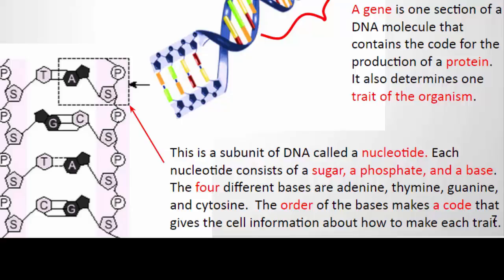There are only 4 different bases, and these are the most important part of the nucleotides. The 4 bases are called adenine, thymine, guanine, and cytosine. It's actually the order of these bases and the way that they are found in the DNA molecule that creates the code for DNA and everything that makes up life on this planet.